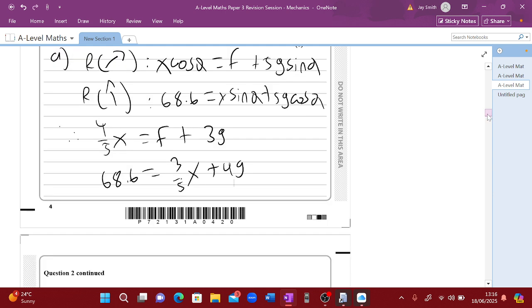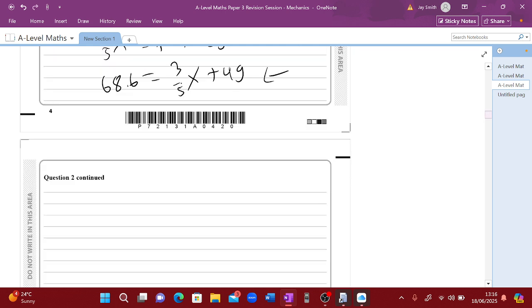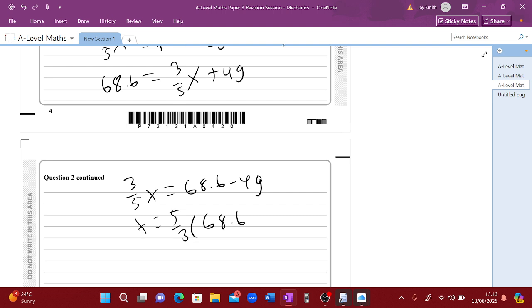Okay, actually the second one is quite nice, because we can find x, and then use x to find f. Let's break it down a little bit. So 3 over 5x is going to be 68.6 minus 4g. We can't do anything with that. But then x is going to be 5 over 3 times 68.6 minus 4g. Does that simplify nicely by any chance?